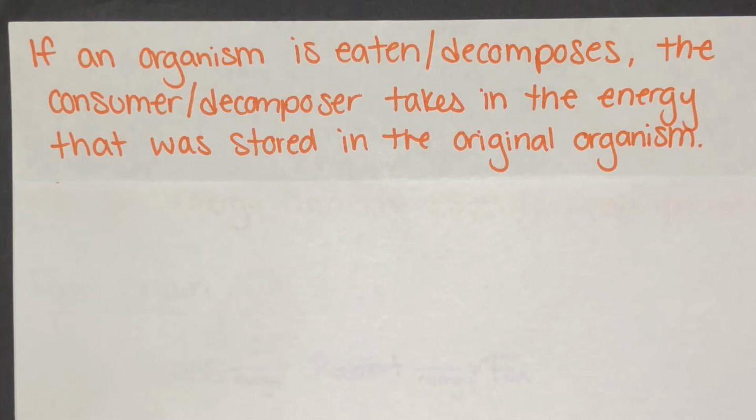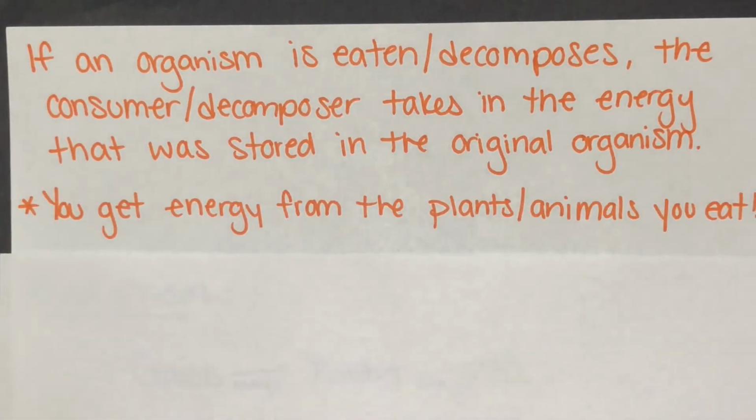So now that we understand how each type of organism gets energy, now let's explore how that energy flows through an ecosystem. If an organism is eaten or decomposes, the consumer or decomposer takes in the energy that was stored in the original organism. You get energy from the plants and animals you eat. You store that chemical energy in your body to use when you need it.